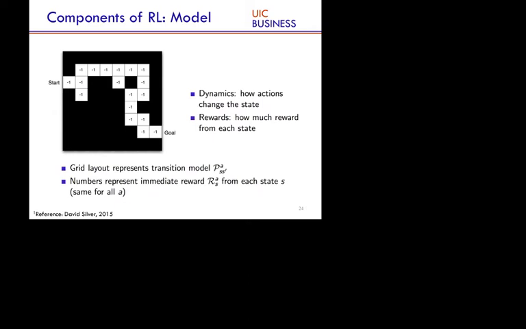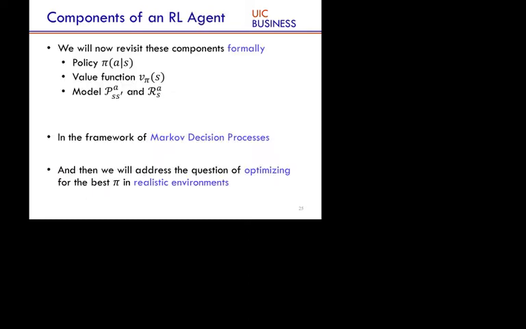Here the grid layout represents the transition model and the numbers represent immediate rewards, and we said that the immediate rewards are all -1, which are constants, not stochastic. I've now defined these three quantities, but we're going to look at the same quantities through the framework of Markov decision processes, and then we'll address the question of optimizing for the best policy in realistic environments.